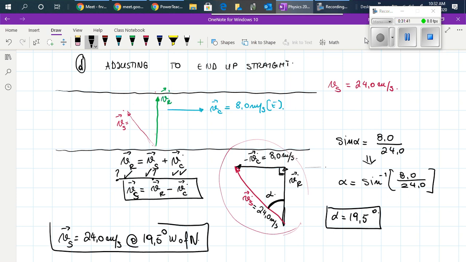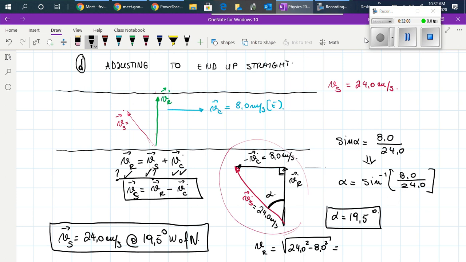If we are asking what the resultant velocity is, then you can use a squared plus b squared is equal to c squared. So the magnitude of the resultant velocity will be the square root of 24 squared minus 8 squared.